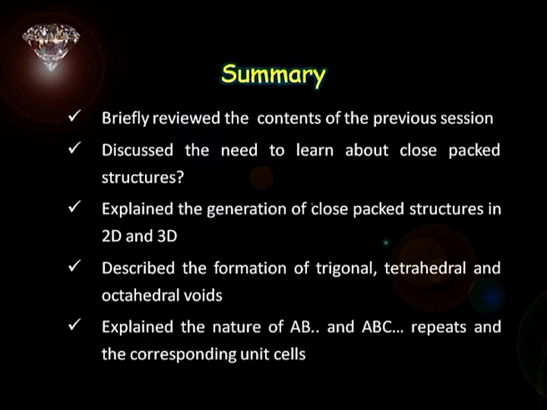And then we have seen also that when I extend my packing to the 3rd dimension, what kind of packed structures we get. One is of the AB repeat type, the other one is of ABC repeat, and in both cases we have seen the kind of unit cells we come across. Now, as I just mentioned, in the next session we will analyze this and build on the equivalence of CCP and FCC.